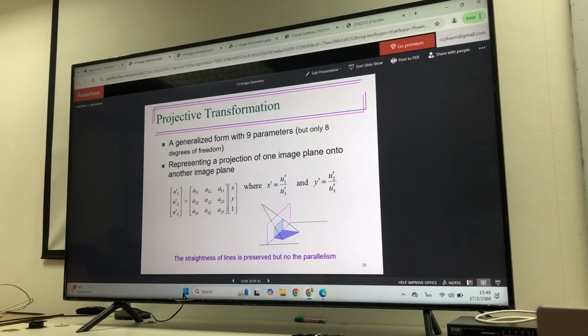In this case, straightness is preserved, but parallelism is not. Lines that were parallel may not be parallel after the projective transform, but straight lines are still straight.